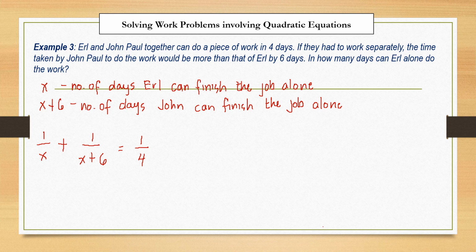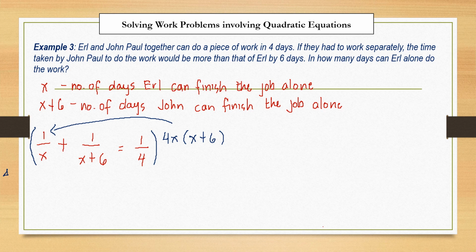This is now our rational algebraic equation, which can be transformed into a quadratic equation if we multiply it by the LCM of all the denominators. So what is the LCM of all the denominators? That will be 4x times quantity x plus 6. Okay, using distributive property, let's multiply.